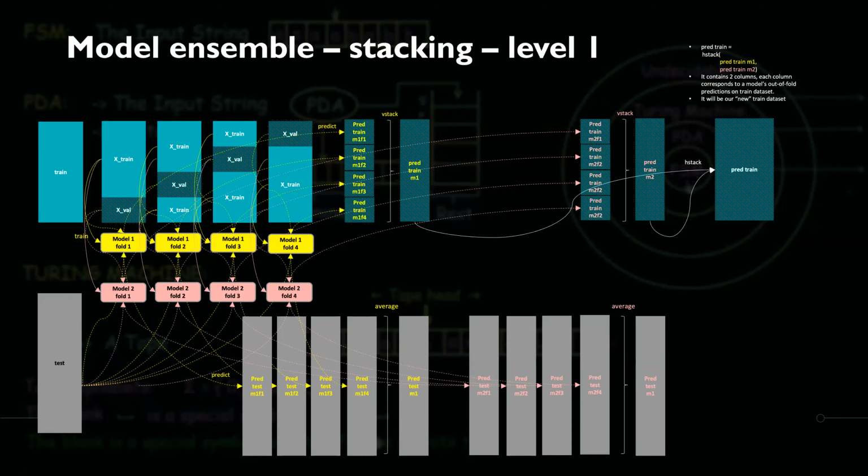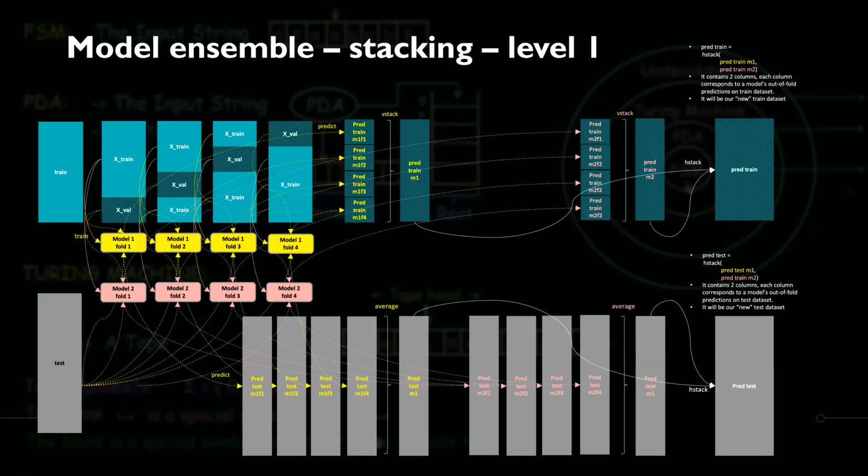Okay, so now what we need to do is to horizontally stack those sets of predictions together. So now we end up with 2 data sets. The pre-train comes with 2 columns, and each column corresponds to 1 model we used to train the data.